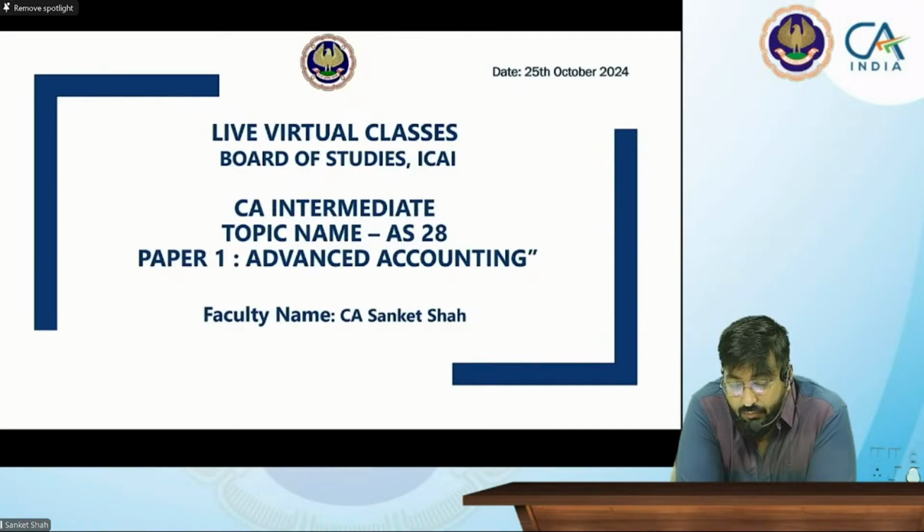Sir, cash generating unit is the smallest identifiable group of assets that generate cash inflows from continuing use that are largely independent of the cash inflows from other assets or group of assets. Try to remember it.